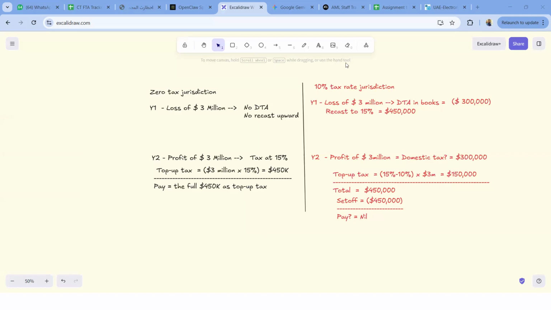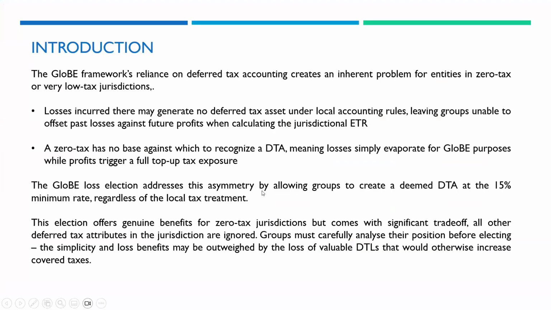Oh, fantastic. So now let's read this so that it should be very clear. The GloBE framework's reliance on deferred tax accounting creates an inherent problem for entities in zero tax or very low tax jurisdictions. What is that problem? Losses incurred there may generate no deferred tax asset under local accounting rules, leaving groups unable to offset past losses against future profits when calculating jurisdictional ETR.